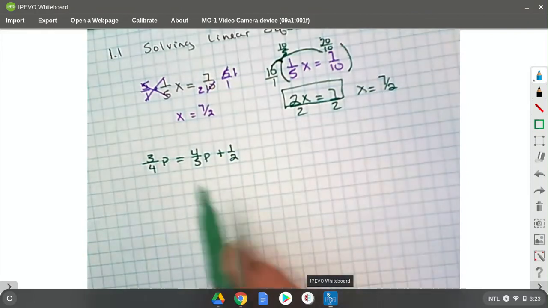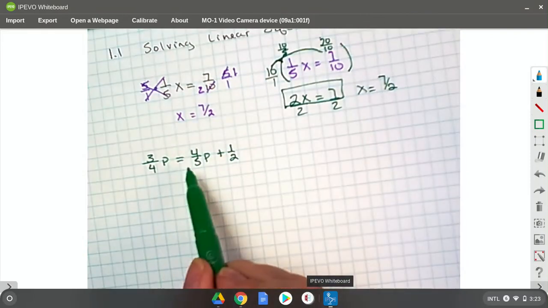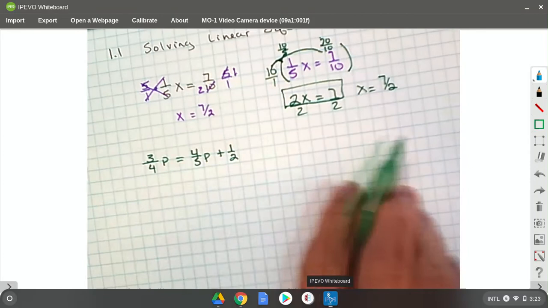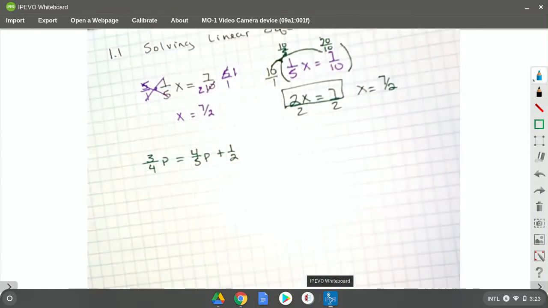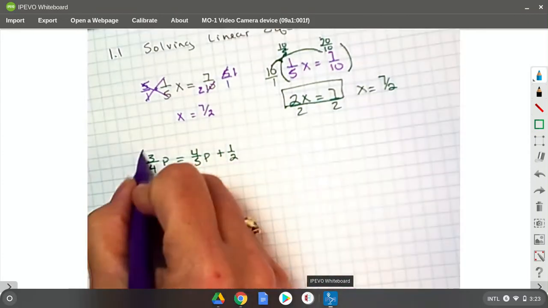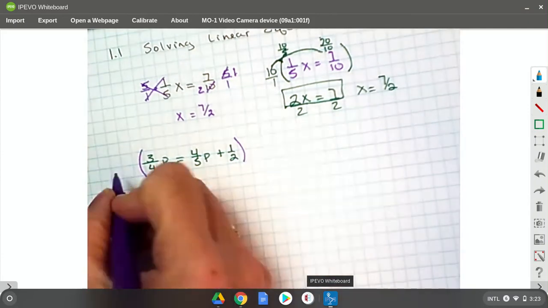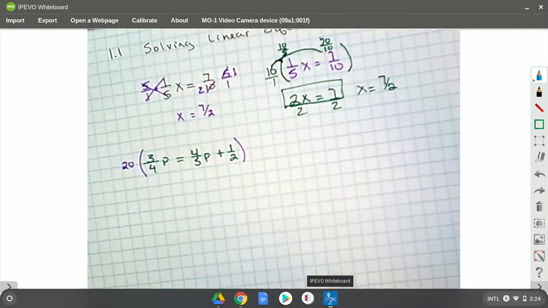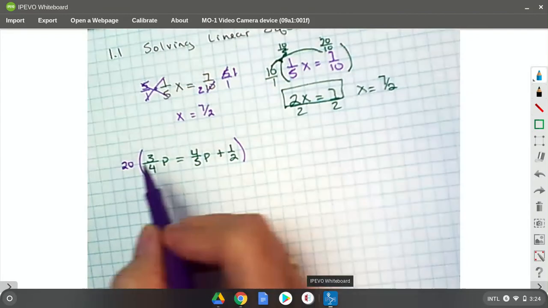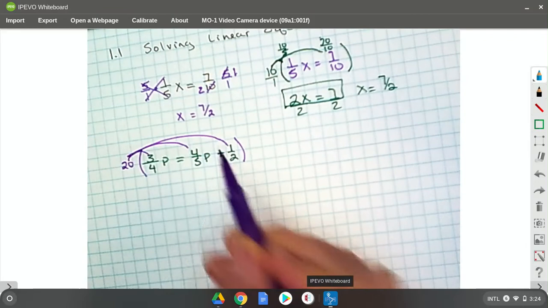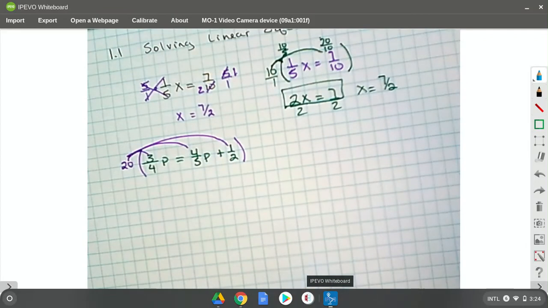If I were to count by 4, 5, and 2, the smallest number that all of them would go into would be 20. So my least common denominator, my least common multiple is 20. So I'm going to distribute a 20 to every single term. You can never, ever, ever skip a term.